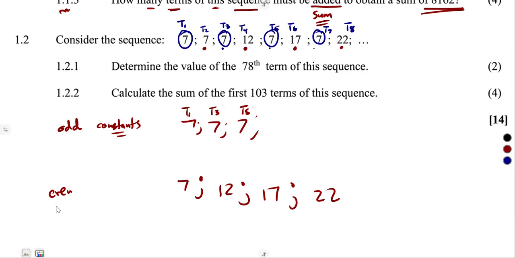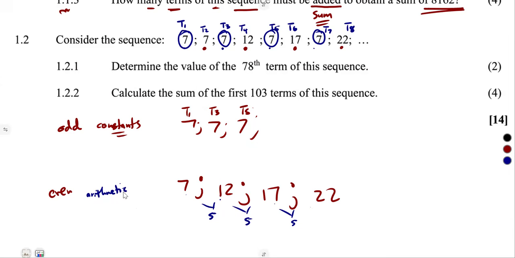So I am talking about even terms 2, 4, 6, 8. That is another sequence. So there are two sequences being combined together. The first one, we can see, is constants. Then here, checking properly, there is a common difference of 5: 12 minus this is 5, 22 minus this is 5. So this one is arithmetic.